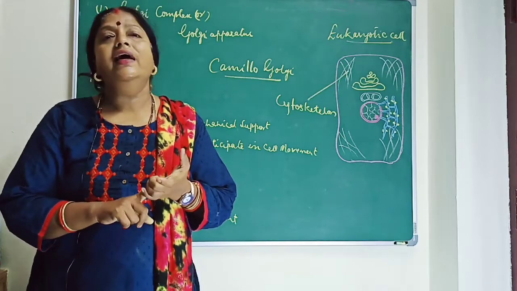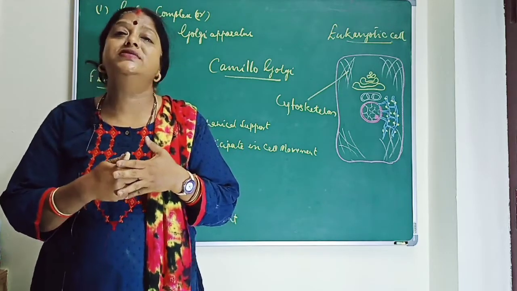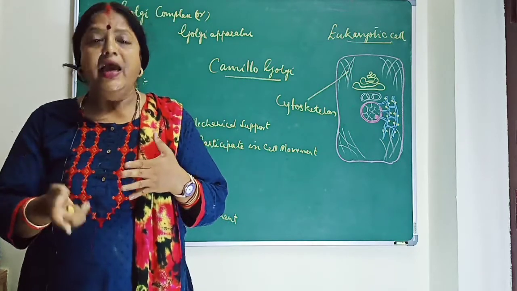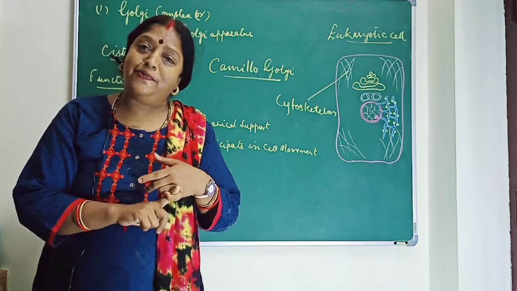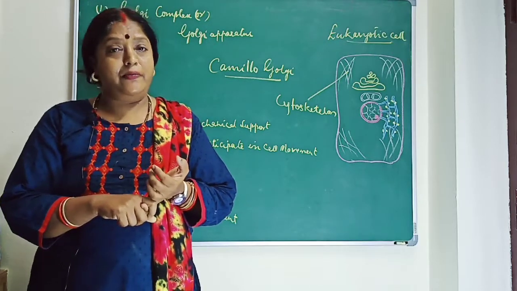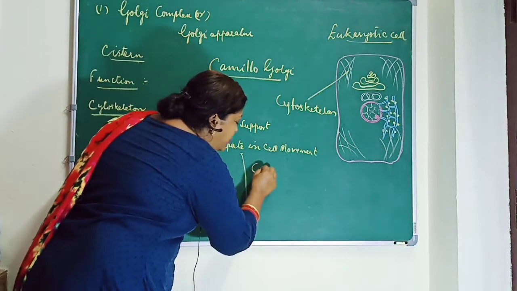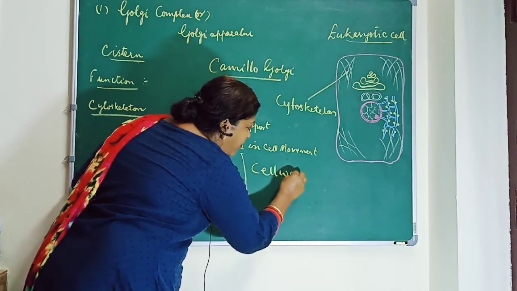The composition of the cell wall is different in different groups. In bacteria the cell wall is made up of carbohydrates, whereas in others it is made up of cellulose. So that is the composition of the cell wall, children.